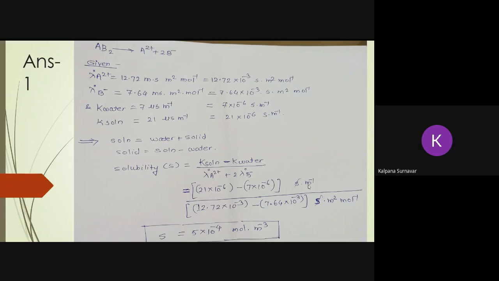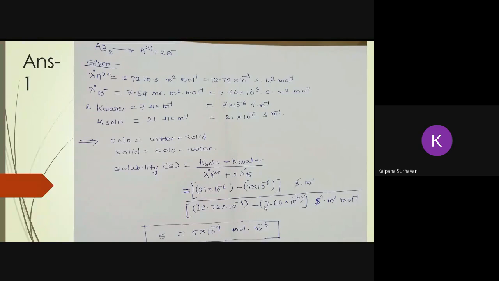Units are important, so put units here. Divided by the equivalent conductance of A2+ species, 12.72 into 10 raised to minus 3, and the equivalent conductance of the negative species is 7.64 into 10 raised to minus 3.